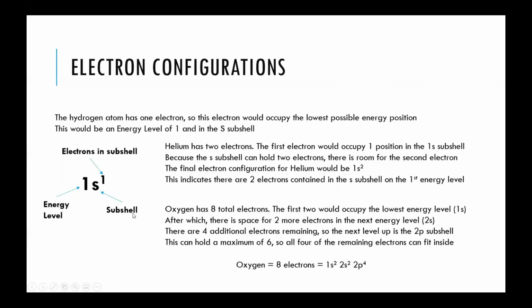It's in the lowest energy subshell, which is the s subshell, and there is 1 electron within this s subshell. That's how you go through and write all of the electrons out within an element: what energy level, what subshell, and how many electrons are in that subshell.